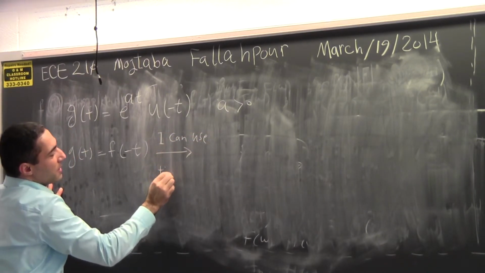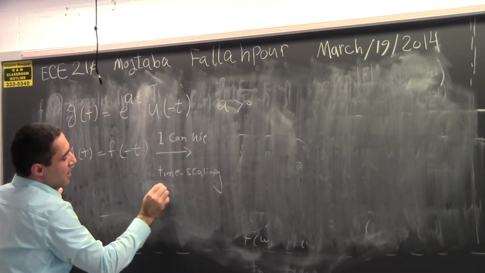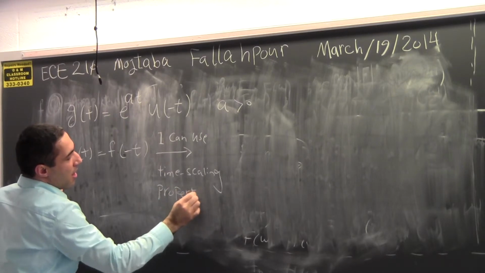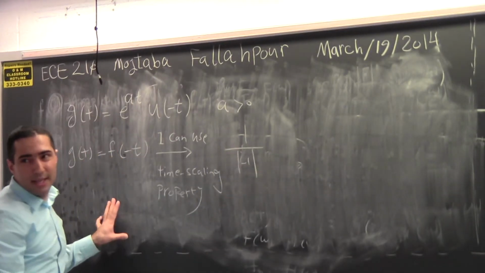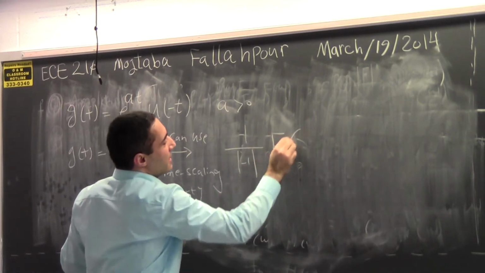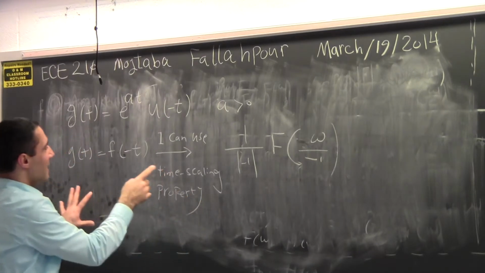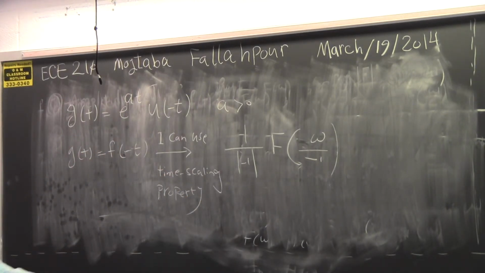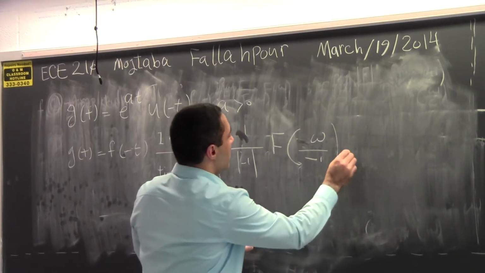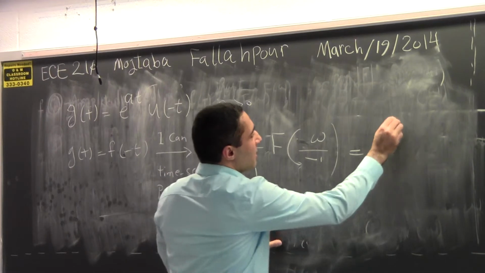And I can use the time scaling property, right? Remember it? 1 over the absolute value of c times F(omega divided by c), where c is minus 1. My c in here is minus 1, right? I scale it by that. So if I do this, my F omega was calculated here, and I'm going to get this.